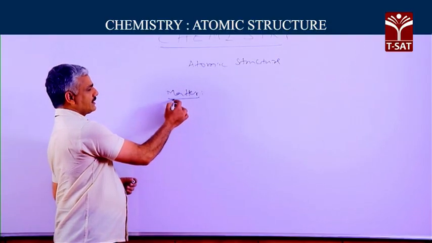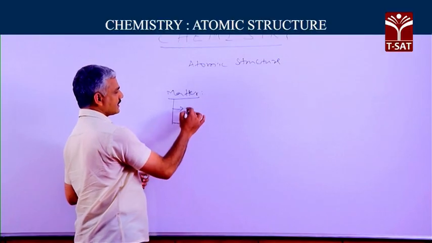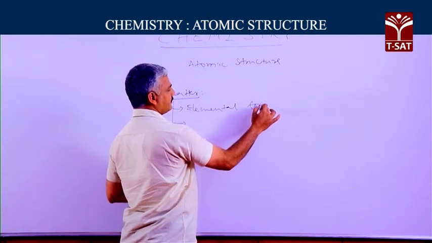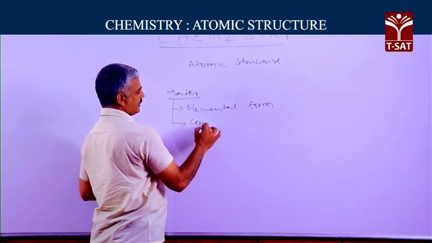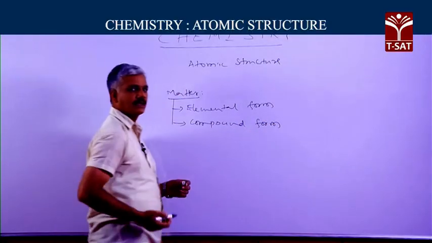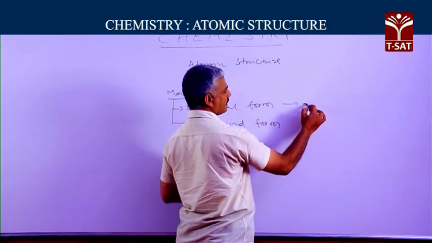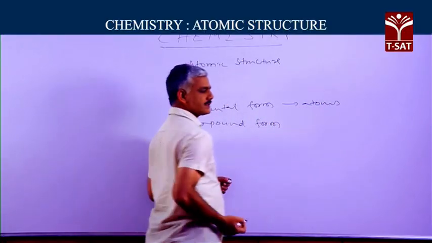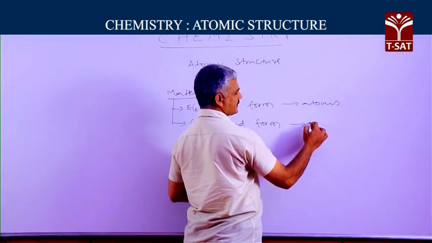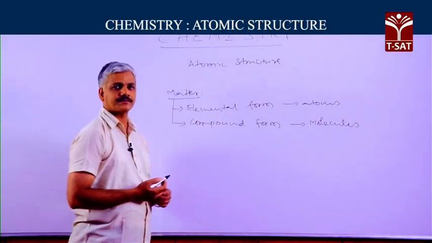Composition wise, this matter can be classified into two basic forms. One is called elemental form, another one is called compound form. The elemental form is made up of small particles called atoms, whereas compound form is made up of small particles called molecules.